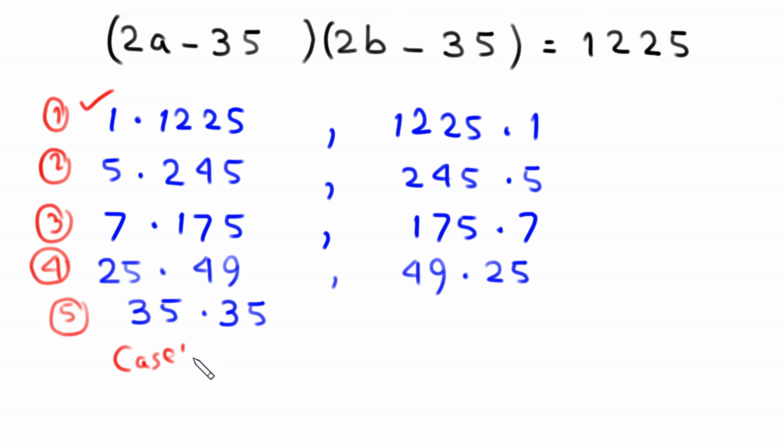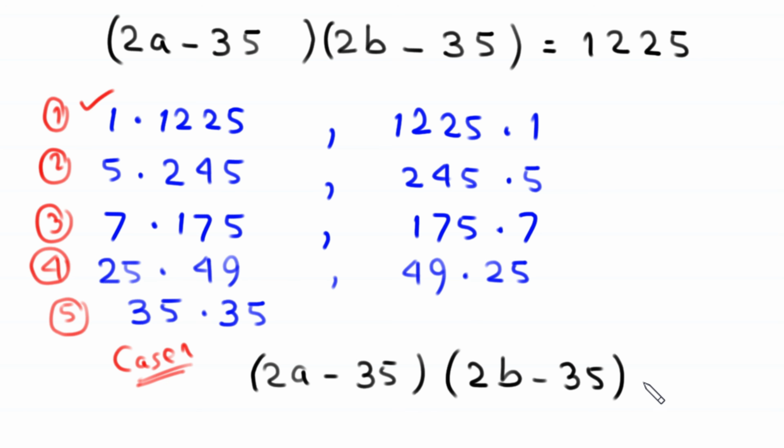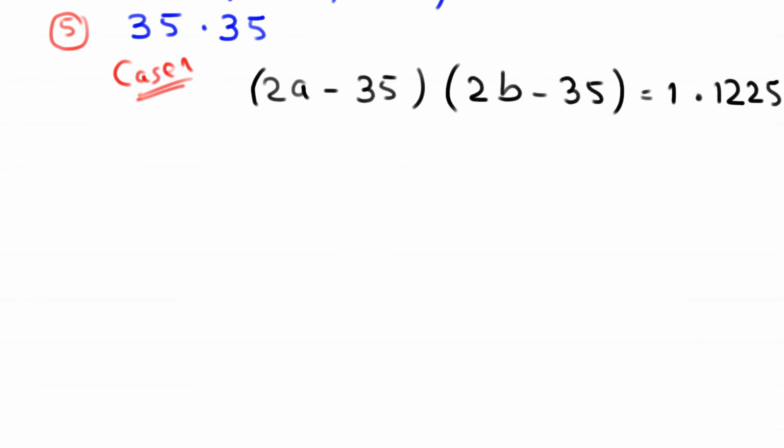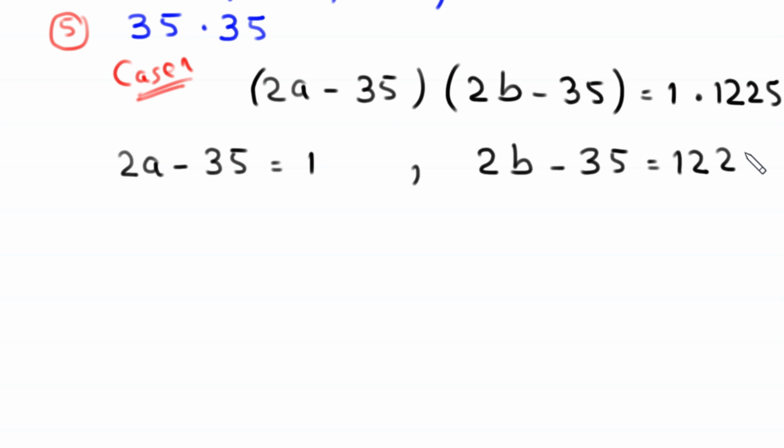In case number 1, we write these factors: 2a minus 35 times 2b minus 35 equal to 1 times 1225. So 2a minus 35 will be equal to 1, and 2b minus 35 will be equal to 1225.